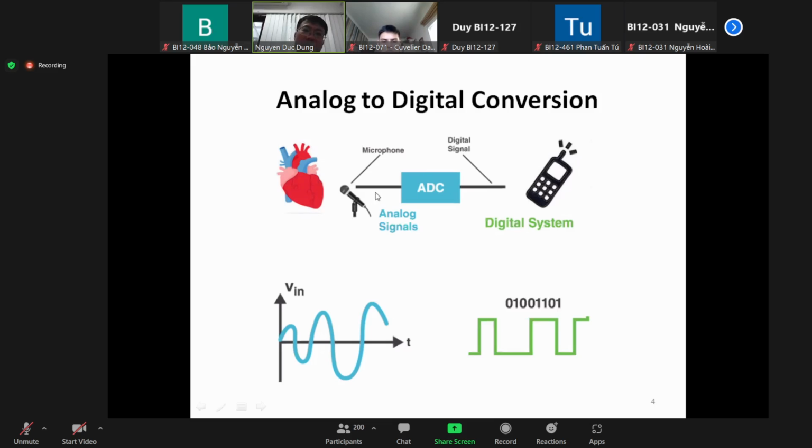The information we collected from the outside environment is transferred to the computer world and stored in just 0 and 1 signals. That's the most common way to manage and process information by using computers.